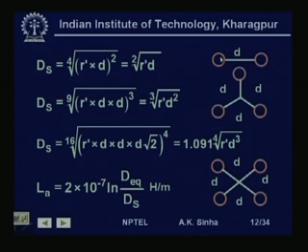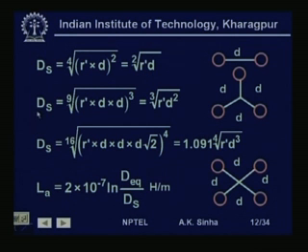So, there are 4 distances involved, and it will be the 4th root of r dash into d whole square, that is r dash square into d square, which is equal to square root of r dash d, which is certainly much higher than r dash, because d is much larger than r dash.